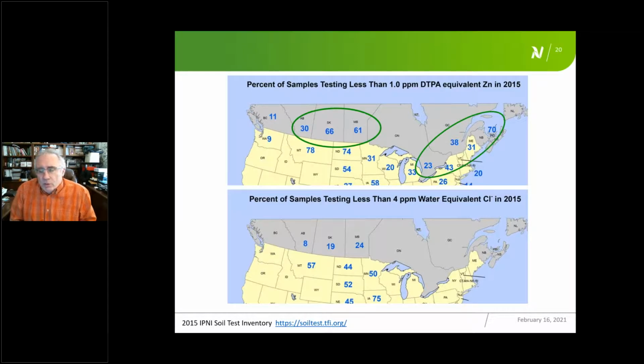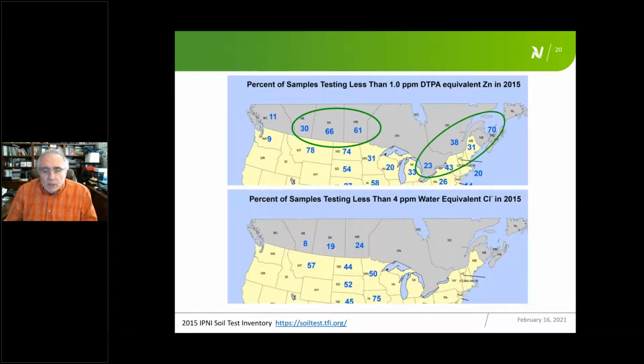So those areas closer to the oceans generally get sufficient chloride for crop needs, and in some cases even excess. But in the interior of the country, we don't get that atmospheric deposition. And in many of these soils, we have high potassium, so we don't apply potassium chloride or potash fertilizer, muriate of potash, because we don't need the potassium. So sometimes we don't get the chloride that we need.